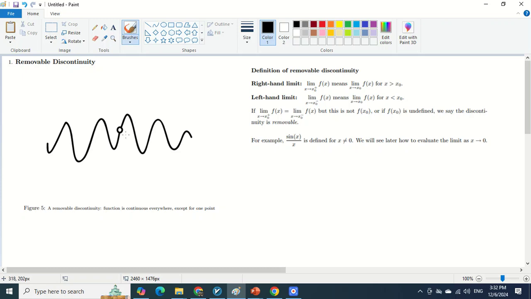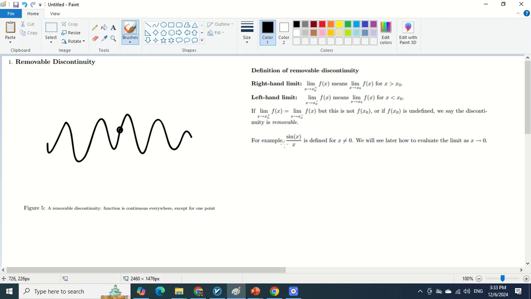As you can see, at the right side and left side, the limit does exist, but the value of the function is not defined at that point. To fill the gap and make the function continuous, it's enough to define the value of the function at that point as the limit of the function. The right-hand limit over here is defined by this definition, and the left-hand limit as well.